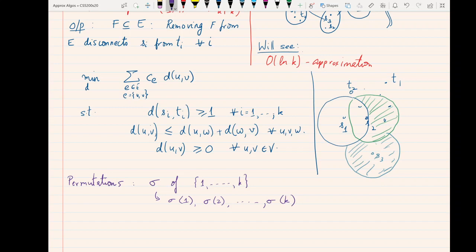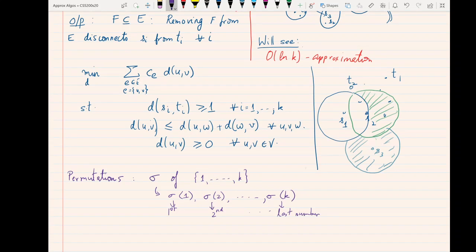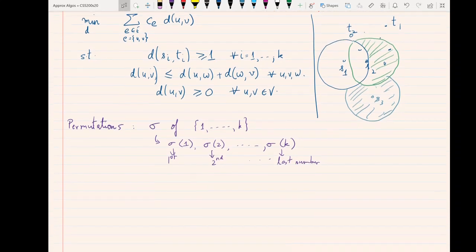How I'm going to think of this is the following: sigma of 1 is my first number in the permutation, sigma of 2 is the second number in the permutation, and so on until sigma of k is the last number. So using this notation, our algorithm is going to be the following.